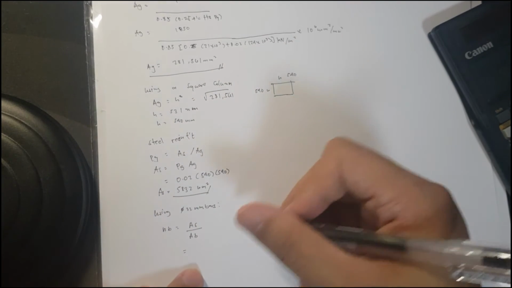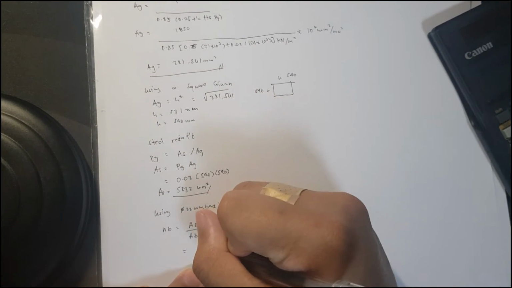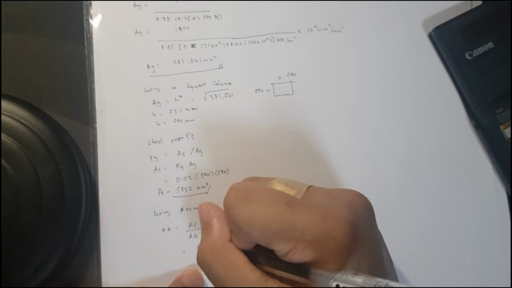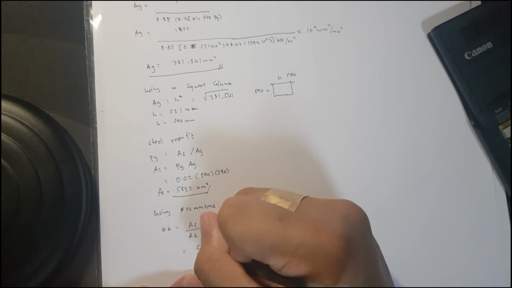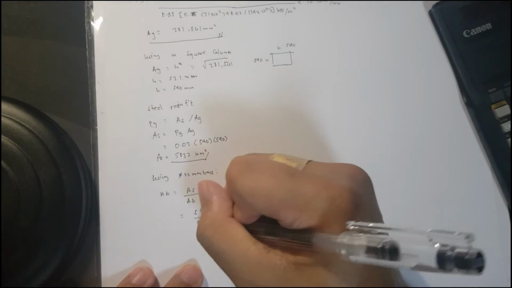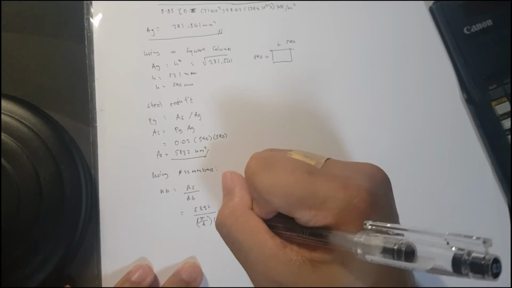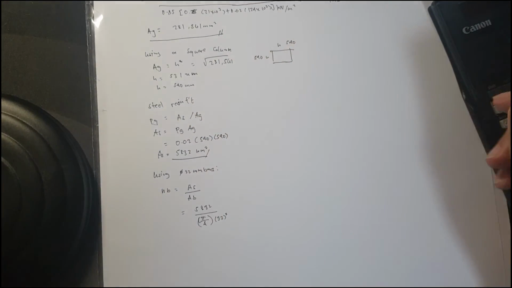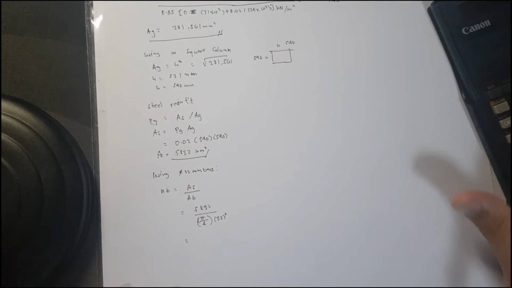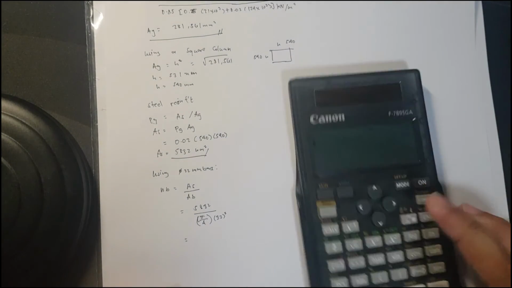So 5,832 over pi over 4 times 32 squared, kasi 32 diameter bars yung gagamitin natin.